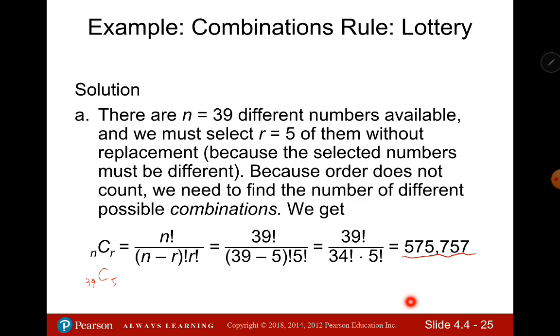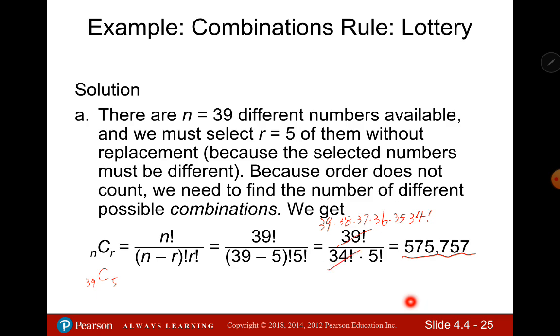If you don't know how to use this, you can list the formula like this, then do your calculation. For 39 factorial, you can treat it like 39 times 38 times 37, 36, 35, and 34 factorial, because I will just stop here.